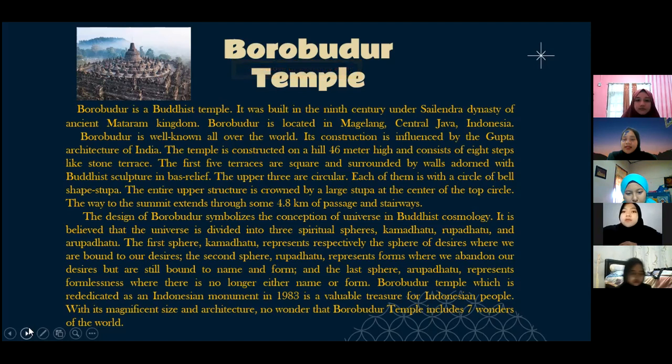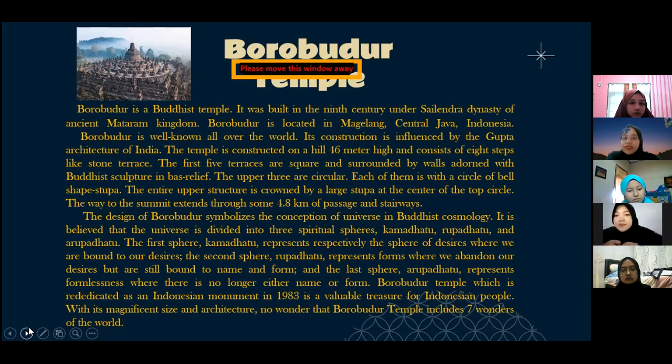Okay, good. If we look back to all these paragraphs, we can know that Borobudur is the Buddhist temple that was built in the 9th century and located in Magelang. So this tells about the general information of the Borobudur, right? Yes, Miss.